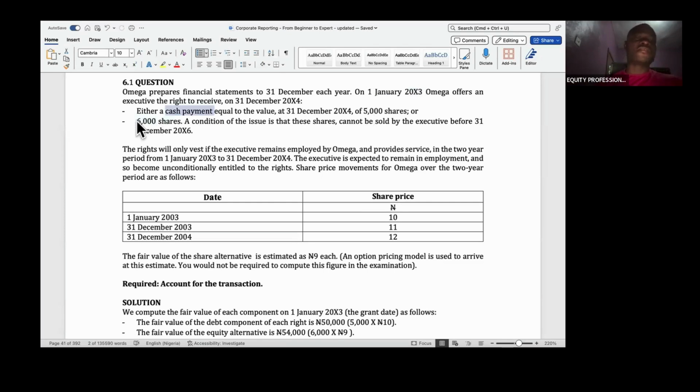But the underlying instrument we are giving is 6,000 shares. So we need to know the value of that. That value is what we will now split into debt, which is for the cash settled, and the balance being equity.